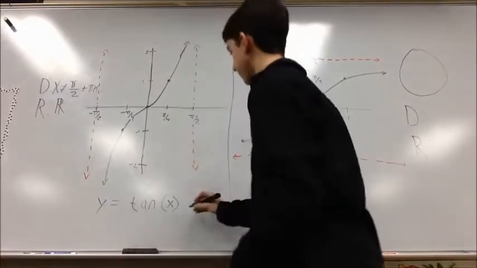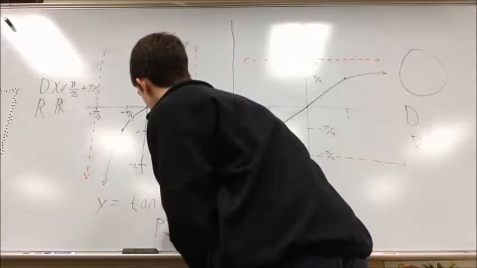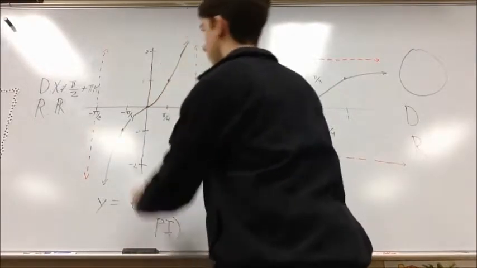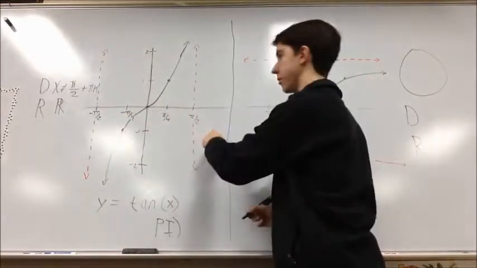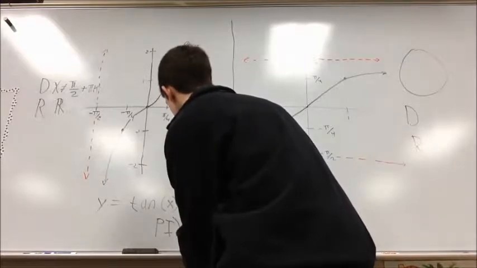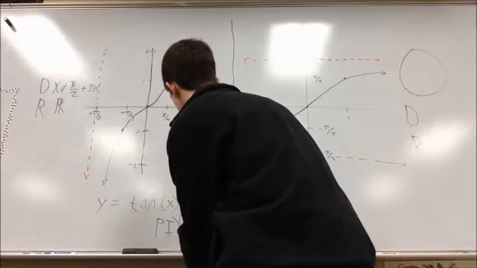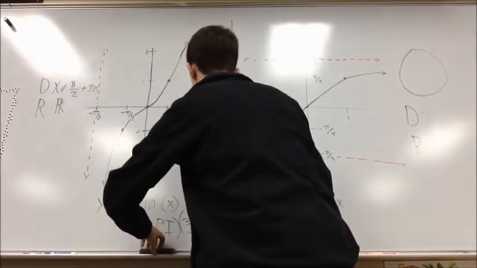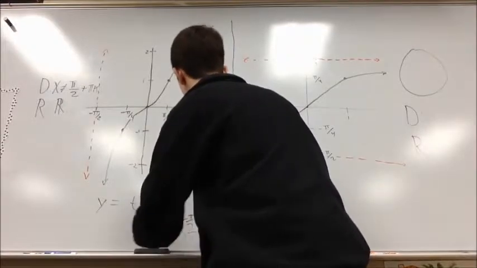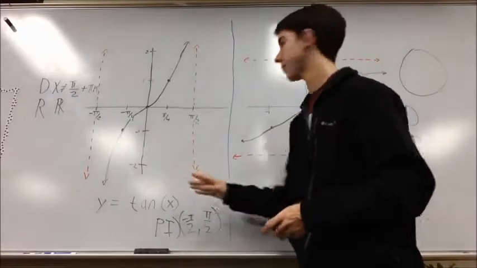Let's write that over here. So our principal interval is from -π/2 to π/2 as in the period we've drawn. And again, these are not including those values because they're asymptotes.